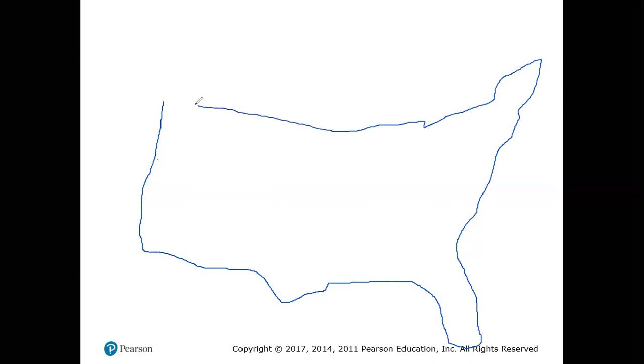But let's assume that this is a map of the United States, and we're trying to figure out if we have customer 1 here, we have another customer over here, we have another customer possibly down here. Maybe we have another one somewhere here.